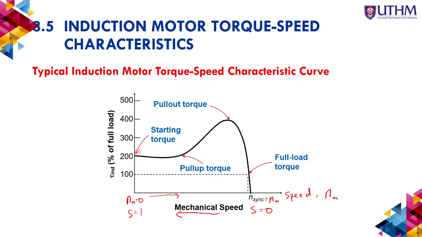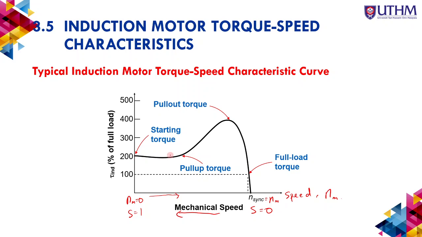If the required torque is over here, where the starting torque is less than the required torque, the motor will not move. Therefore, the starting torque must be higher than the required torque.